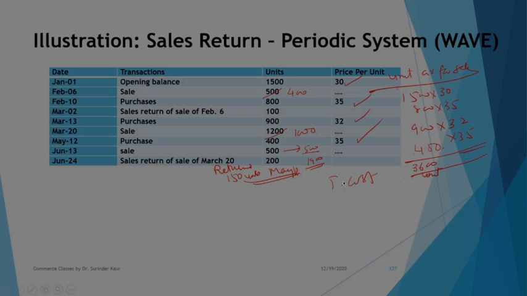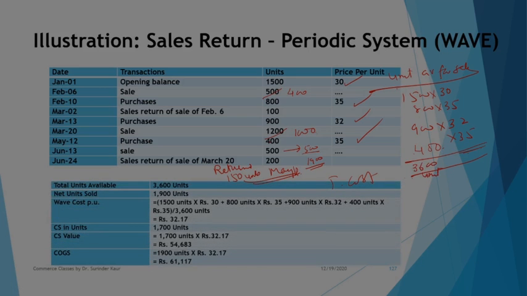So total quantity is 3600 units. Total cost is determined like this. You just add up the cost of all the units divided by 3600 units. That will give you weighted average cost per unit. Now multiply this with the closing stock and with the units sold. That will give you the closing stock value and cost of goods sold.